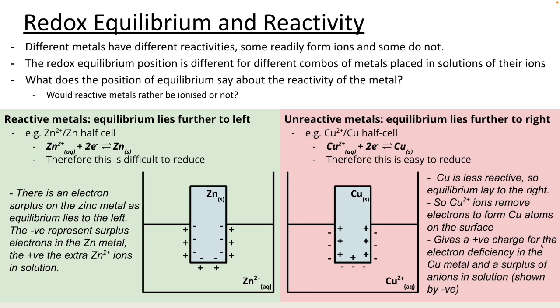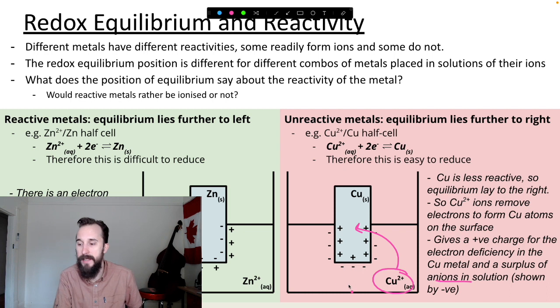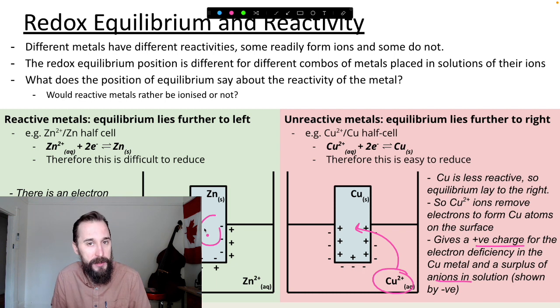This gives a positive charge for the electron deficiency in the copper metal and a surplus of anions in the solution. So we have the copper very much wanting to go into that atomic form, which is going to give a surplus of anions in solution, making that more negatively charged. And we have a positive charge because we now have an electron deficiency on the electrode as opposed to an electron surplus, implying that opposite charge.